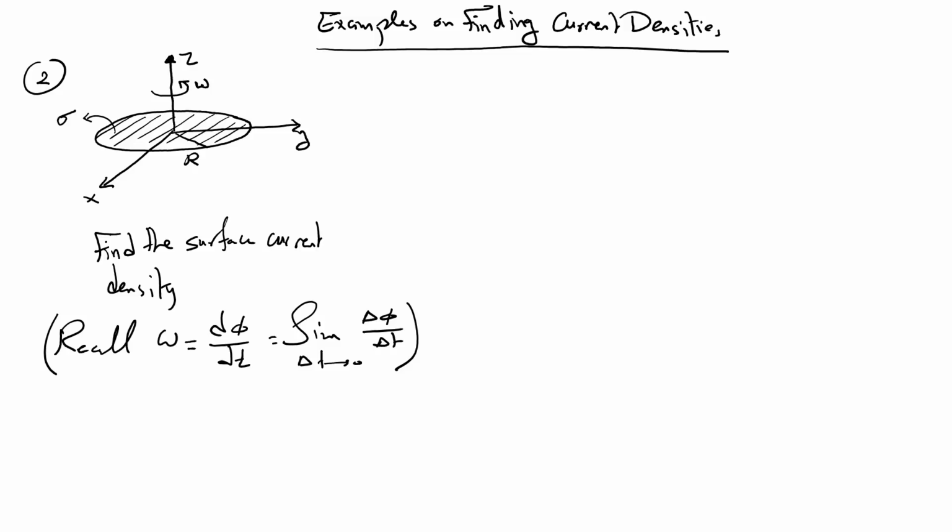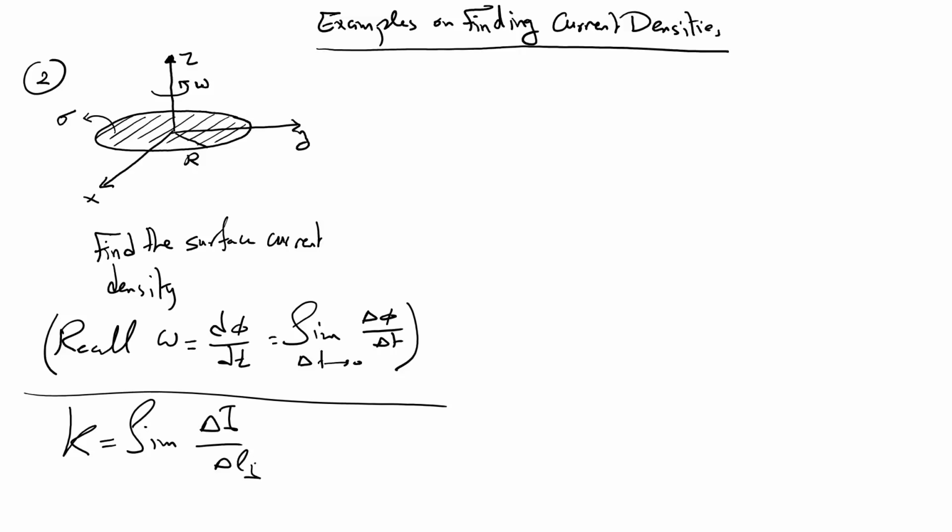Okay, so we want to find the current density. Again, let's write down what it is. By definition, it's the limit of delta I by delta L perpendicular as delta L perpendicular tends to 0. And again, it's useful to keep in mind what the delta I is, what the delta L perpendicular is, depending on the situation.